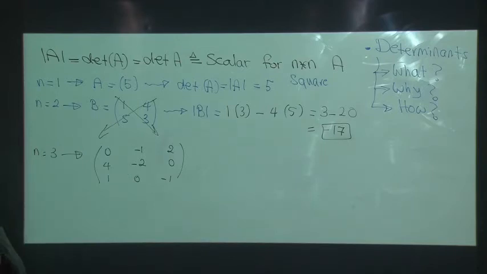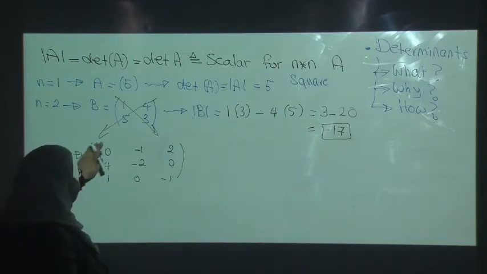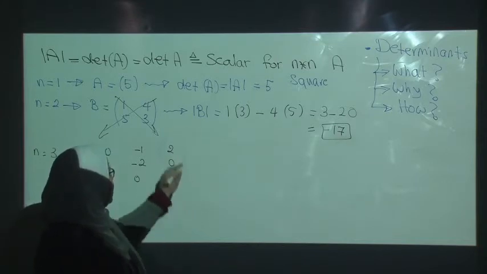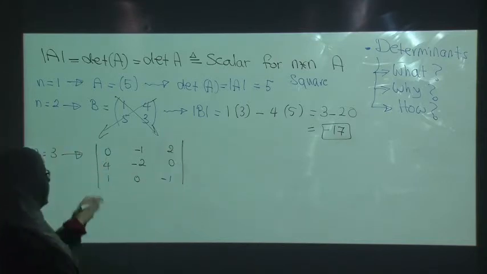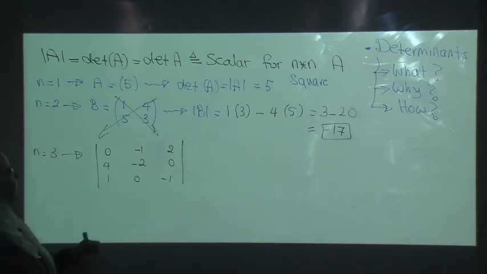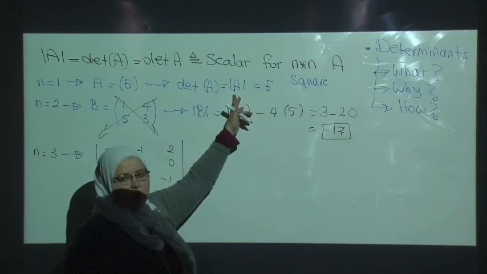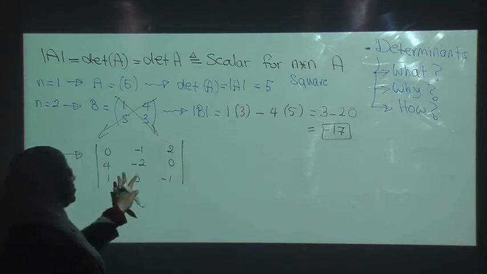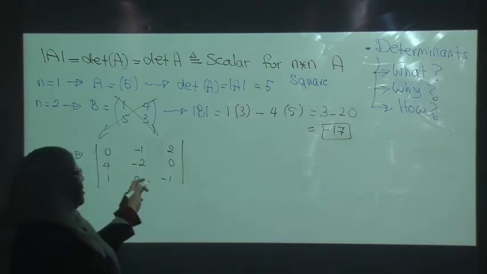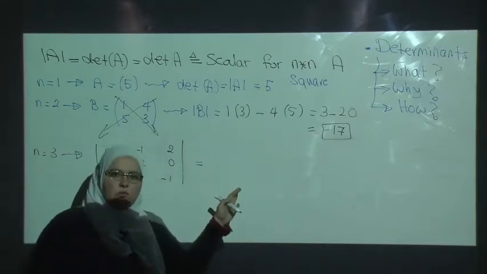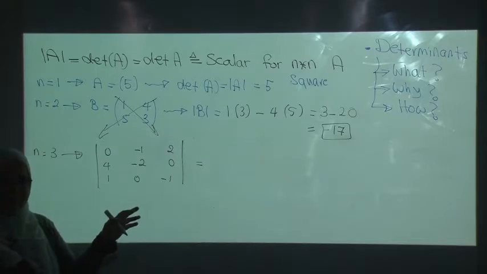By the way, we can indicate that we are computing the determinant just by writing the two absolute bars over the matrix itself. Now, when I say equal, we expect here the determinant, which is a scalar quantity, right?